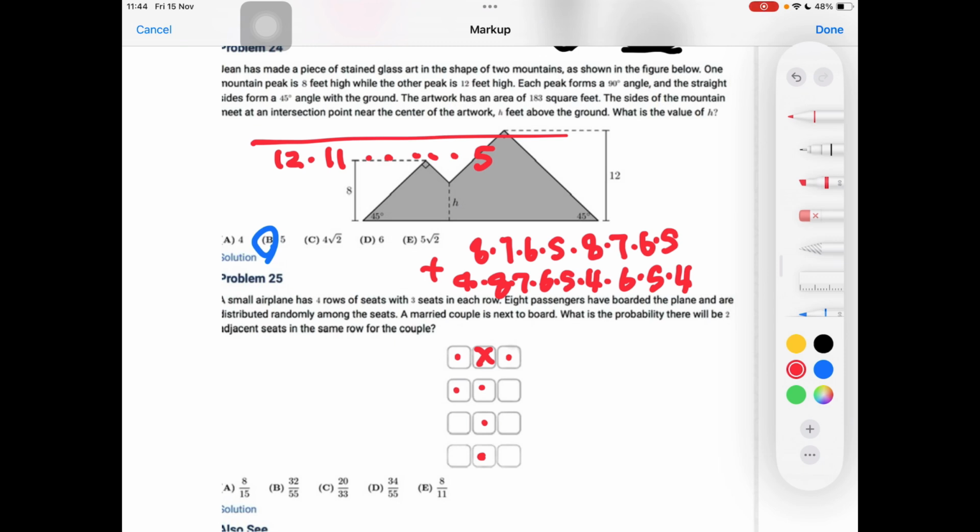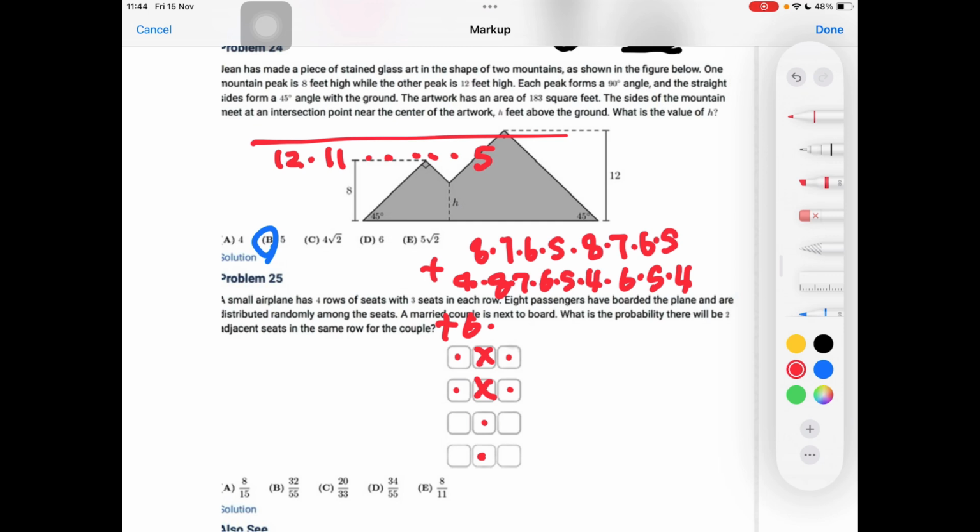Another one is like this. So we need to determine which rows will have this arrangement or that arrangement. Out of 4, we need to decide the 2 rows, but we don't think about the order. So this is like 6.